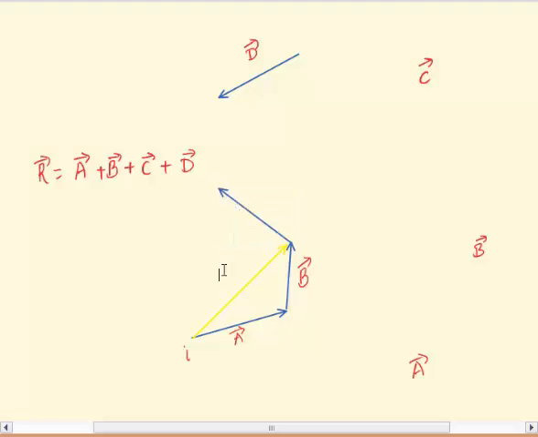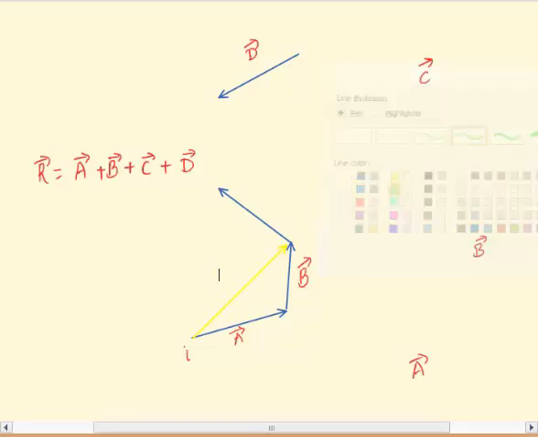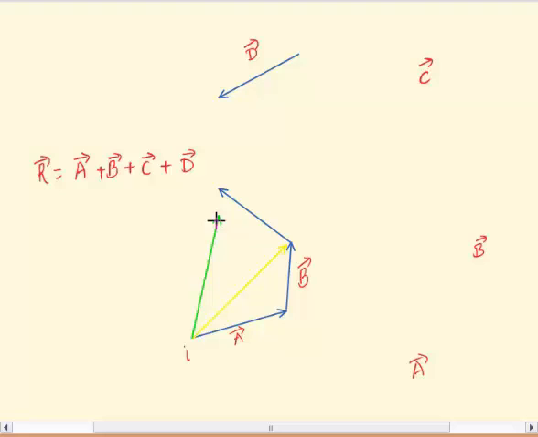Then we represent it with some other color. Then definitely this vector joining the initial point to the sum of A plus B and C will represent the A plus B plus C vector.